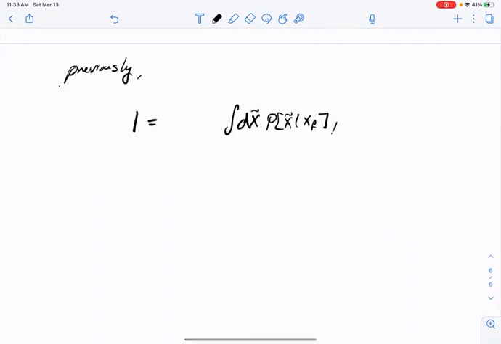I can now look at the total trajectory probability by multiplying that by the probability of starting at some xf and integrating that over all endpoints xf. That is still normalized. That says that the probability of seeing a full reverse trajectory is 1.